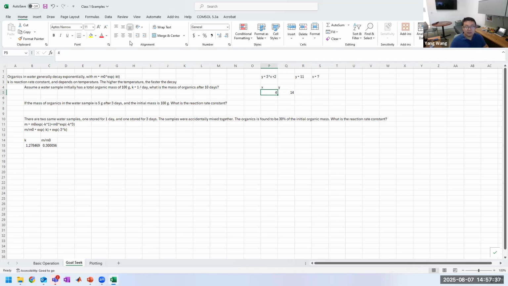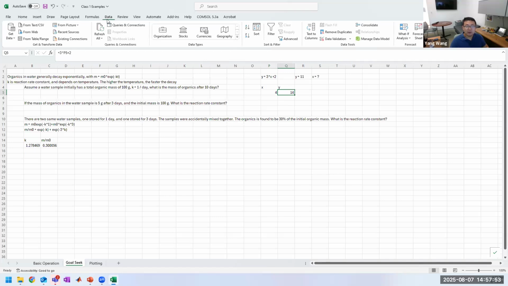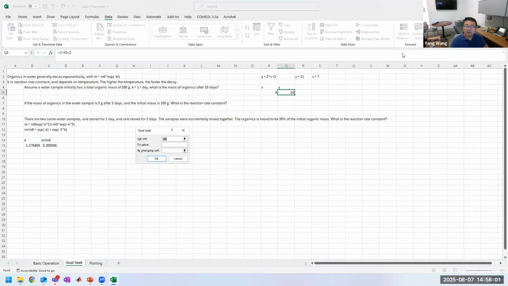Okay, so as I said, it's a very easy problem to solve by hand. But later on, in engineering, there are a lot of nonlinear systems that are kind of difficult to derive by hand. But let's just show how the goal seek works. To do the goal seek, you'll go to the Data tab, right? Both on the Mac version or the Windows version, and then you will go to What-If Analysis and Goal Seek.